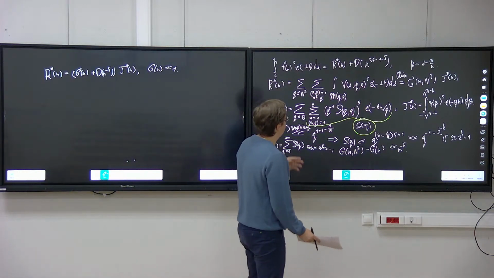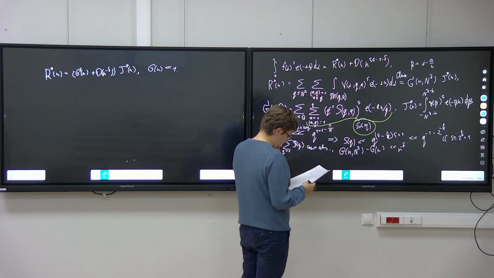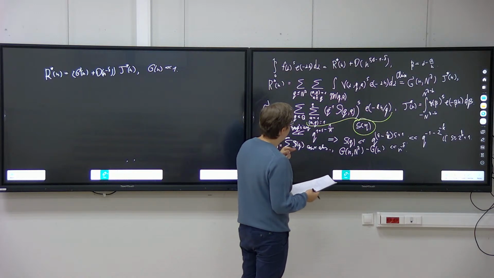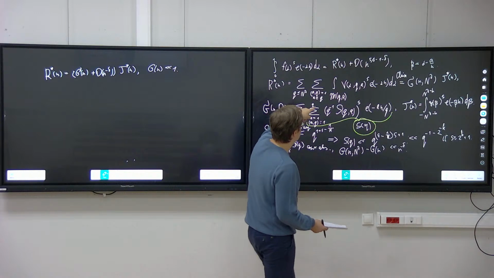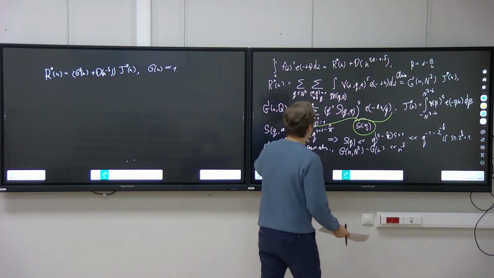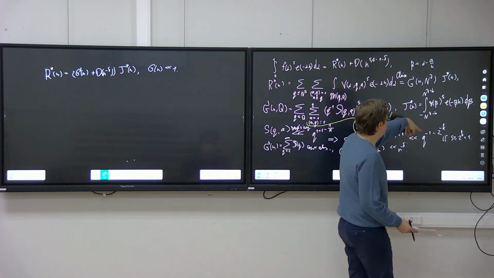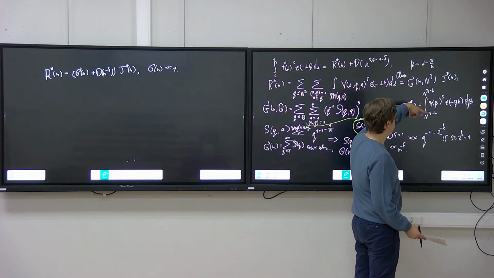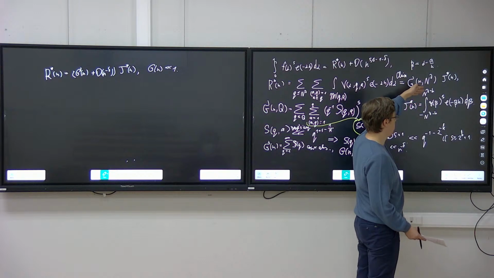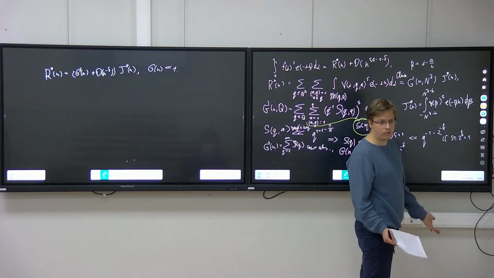Okay. So now let us deal with this J star of n. And the idea is like that. First, our J star, where is this? Here. We will expand it, but we will have an integral from minus 1/2 up to 1/2, and the error will be small.